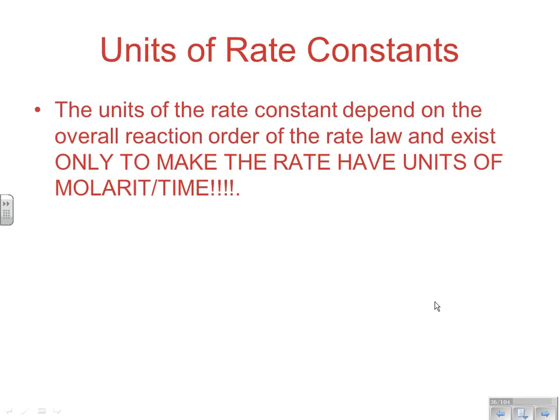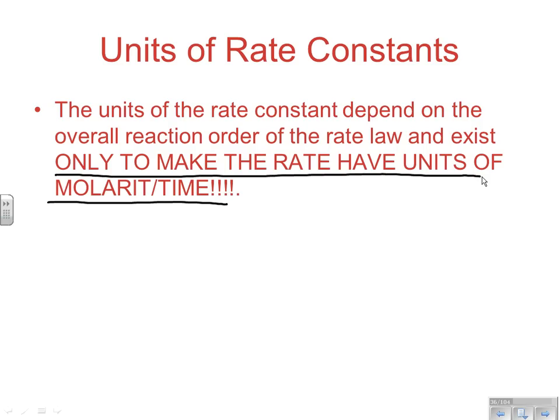Now, the last thing I want to talk about here in notes before we wrap up is units of the rate constants. What you need to understand is the units of the rate constants really depend upon the overall reaction order. So you have to write the rate law expression first. And you need to understand the units of k exist to do one thing: to make the rate have units of molarity over time.